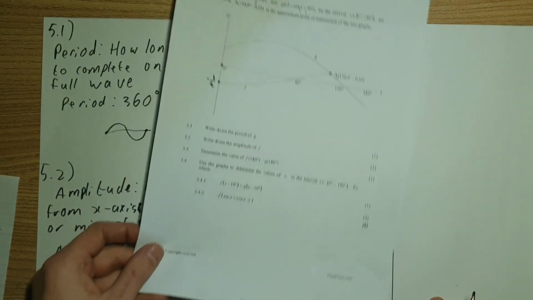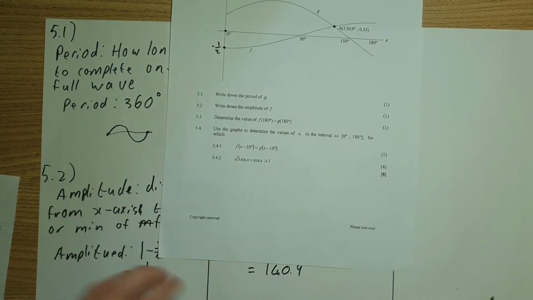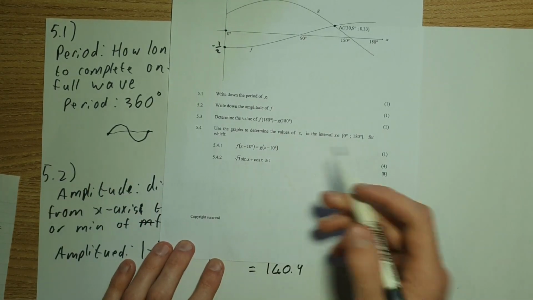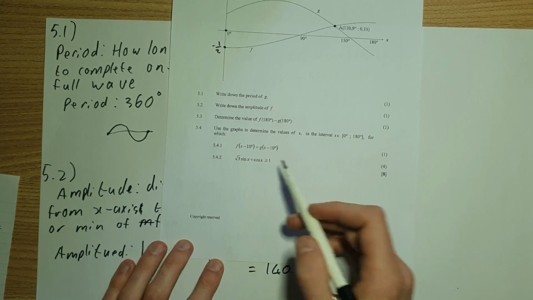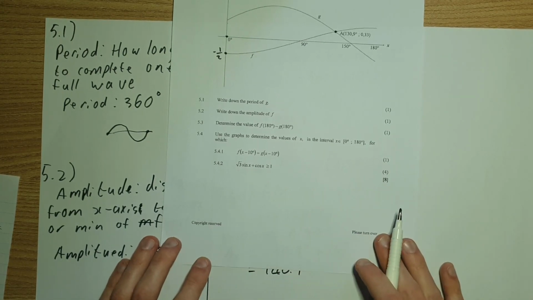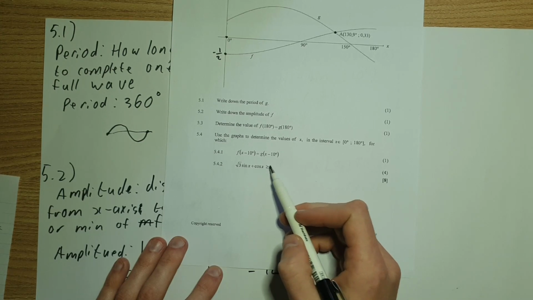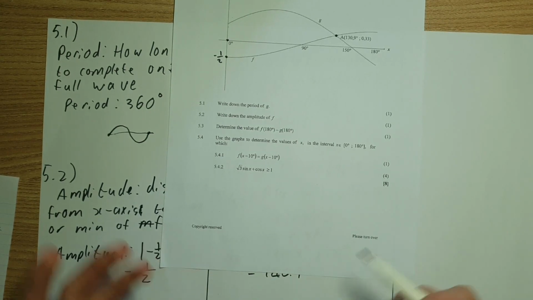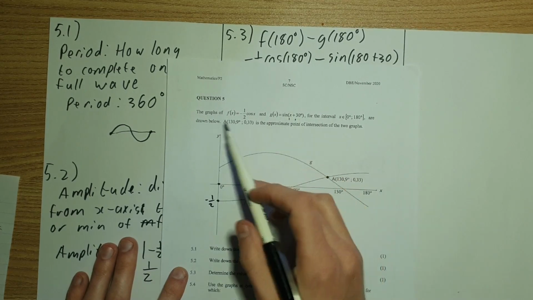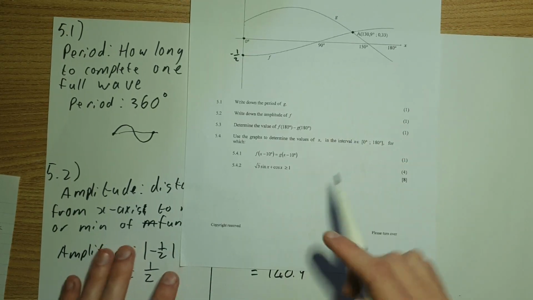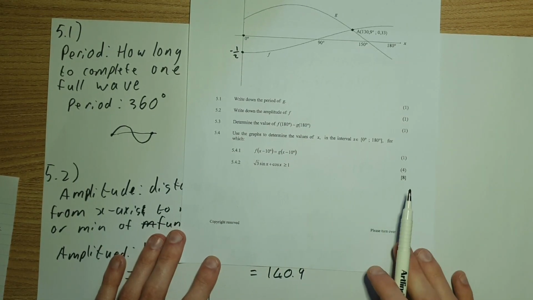Now, 5.4.2, okay, a little bit more of an interesting one that they've given us. Square root of 3 sine x plus cos x must be greater or equal to 1. Note that it's not strictly greater, but greater than or equal to. So we've been given these two functions, so we need to relate this expression to those two functions in a way.